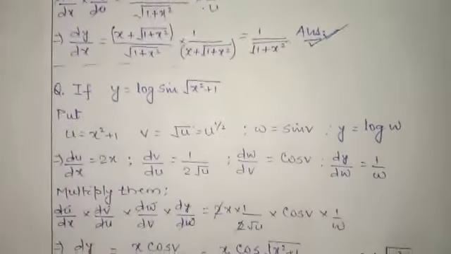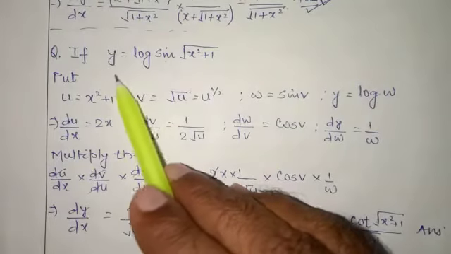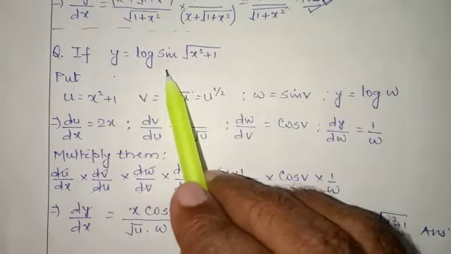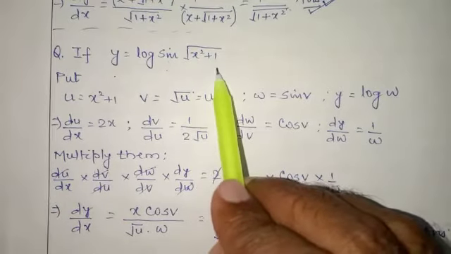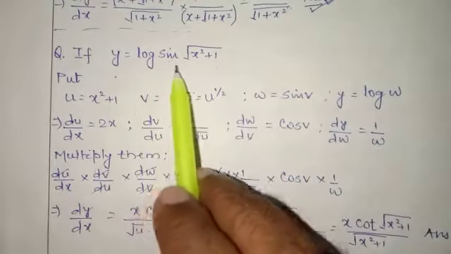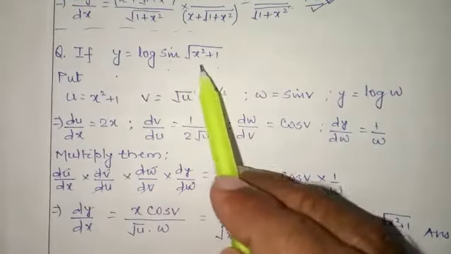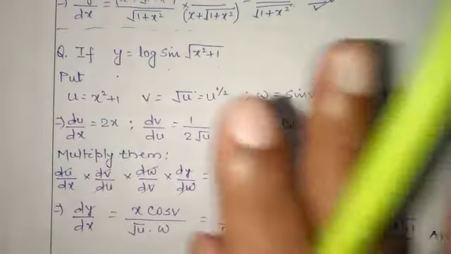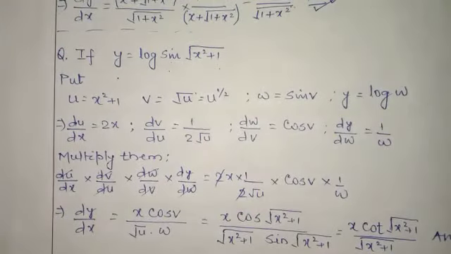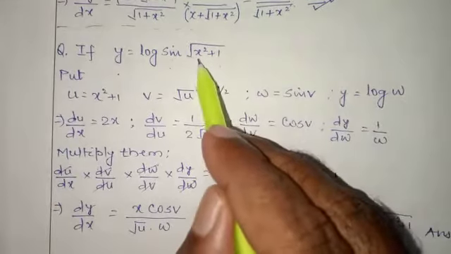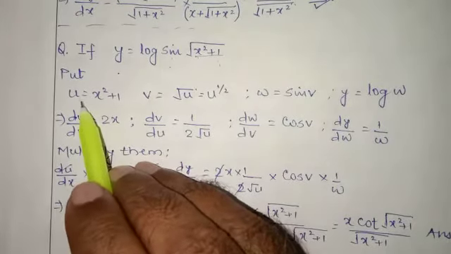Your next question is y is equal to log sine under root x square plus 1. Again apply substitution here. You may also solve by chain rule. Both methods are correct; you can use any of them. First, suppose x square plus 1 is equal to u.